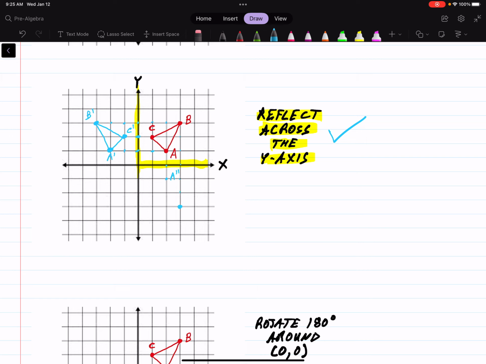I'll call that B double prime. And C would have been 1, 2 down. So 1, 2 more past the line of reflection, and C double prime, and there would have been the drawing for an x-axis reflection.